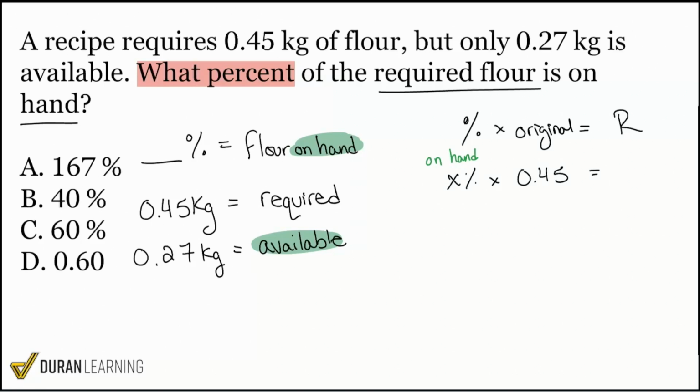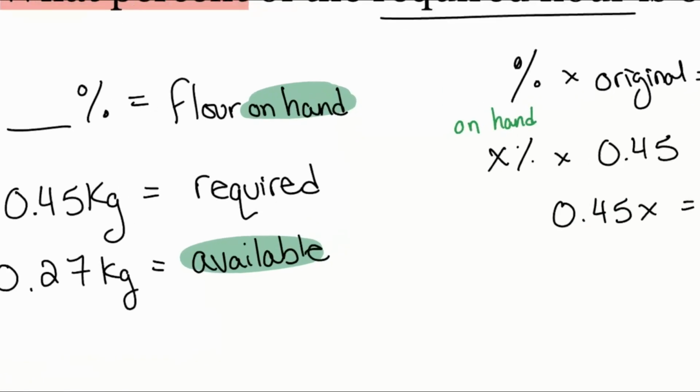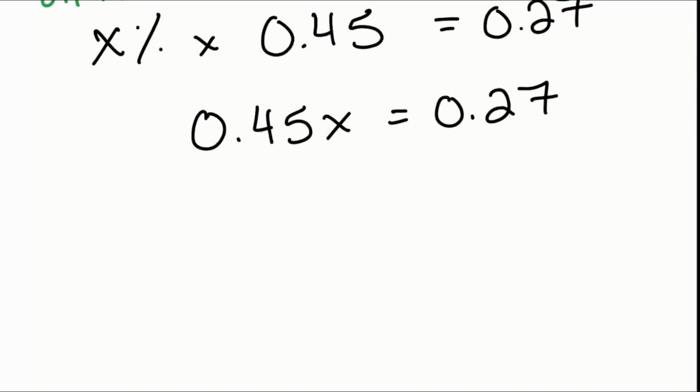And that's going to equal a resultant 0.27 kilograms that we have available, which is the same thing as saying on hand. Remember, the setup is the most important part first. We've got that setup, and now we can solve. So we can just clean this up and say 0.45x equals 0.27.